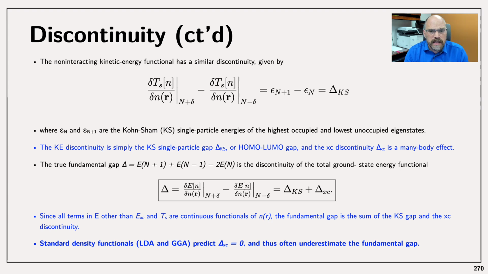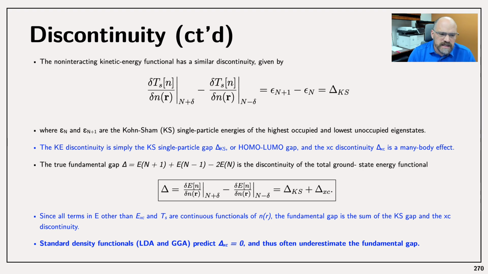Again, I'm not proving that exactly. You can actually show that fairly easily yourself by going back to the Kohn-Sham equations. But don't worry too much about that. That's not the point of the message I'm trying to convey here.